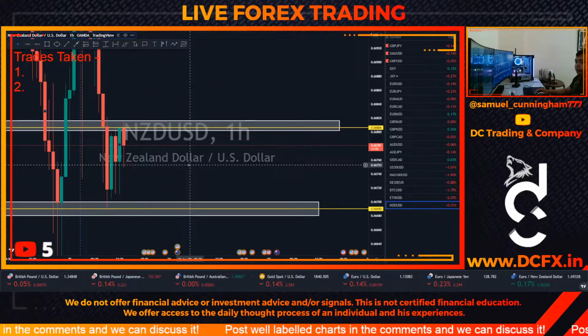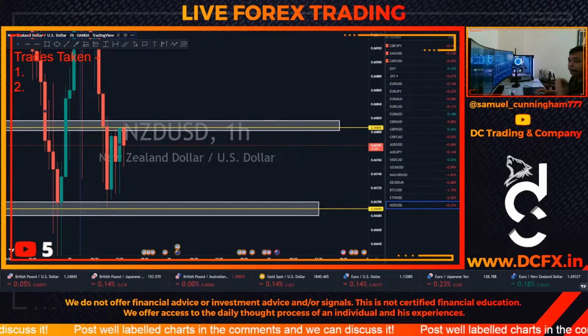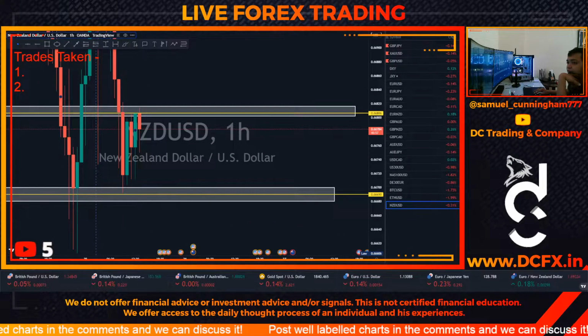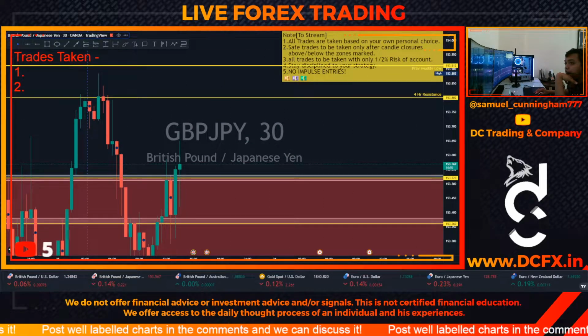So there you go. Those would be my NZD USD shorts if I were to get into shorts. I'll only take high probability trades. Let's see GBP JPY flipping bullish.